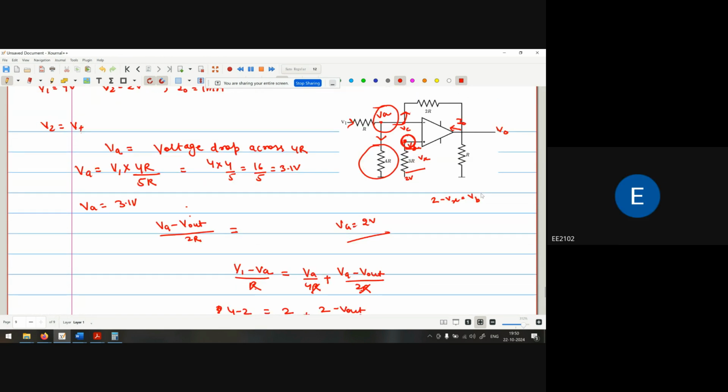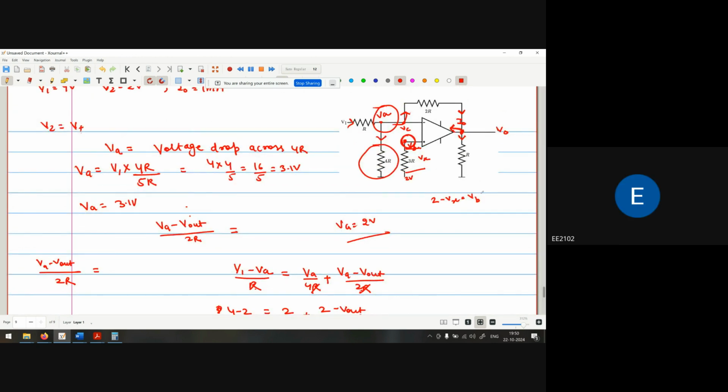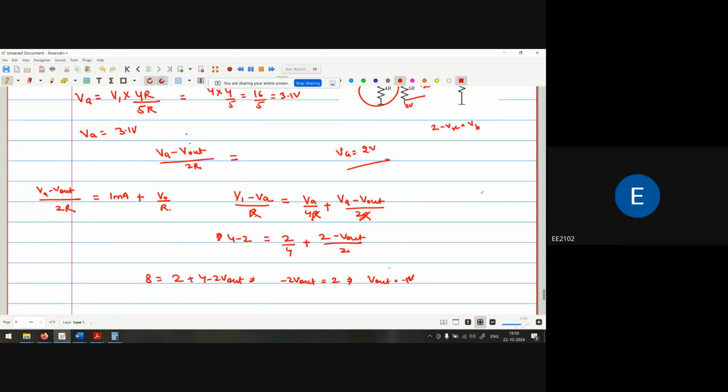Now, talking about the current at this point: this is the incoming current, and the others are outgoing currents. The incoming current is VA minus V out divided by 2R, which equals I naught, which is 1 milliamp, plus V out by R. I put the values: VA is 2 volt and V out is minus 1.